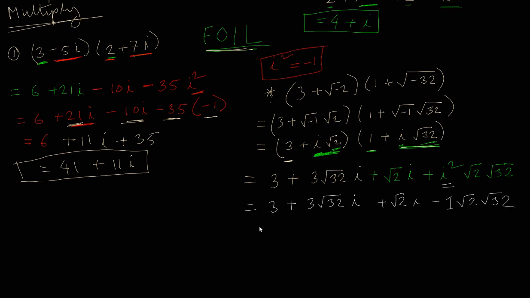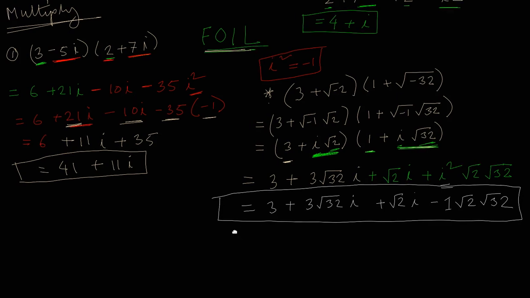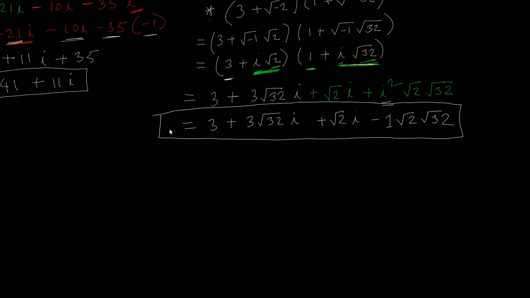Okay, so this is actually one way. You can simply leave it here. So that is the multiplication, but of course we can do more simplification. So let me try to do the simplification so that you can use it. So let's see what simplification I can do.